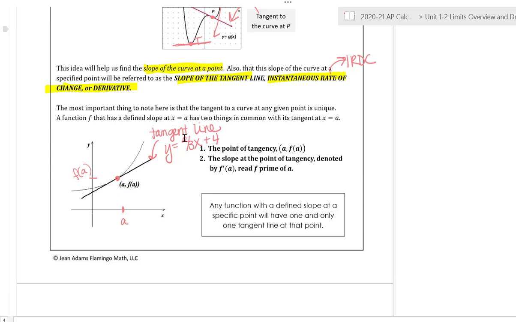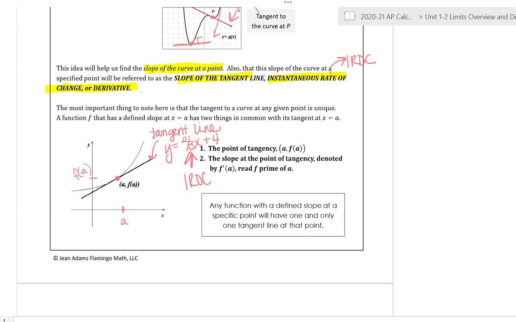If the equation of the line is 2/3 x plus 4, we're saying that the instantaneous slope at that point is 2/3, so we could say that the derivative, or the instantaneous rate of change happening at point A, is 2/3. That 2/3 is the instantaneous rate of change.